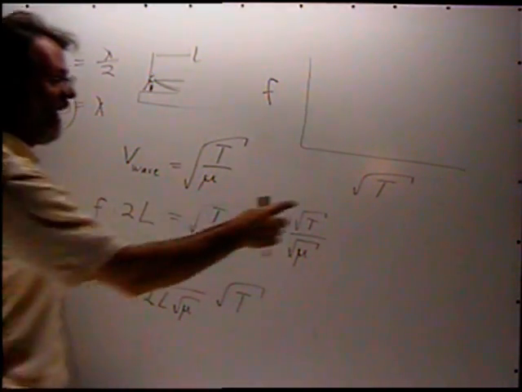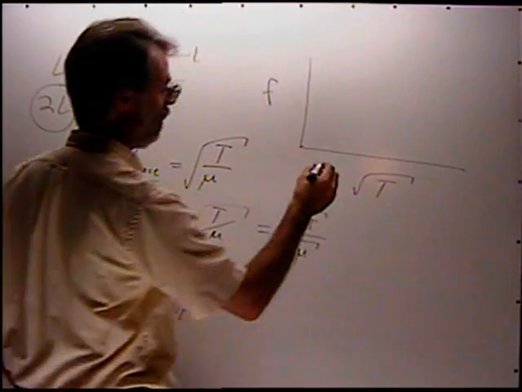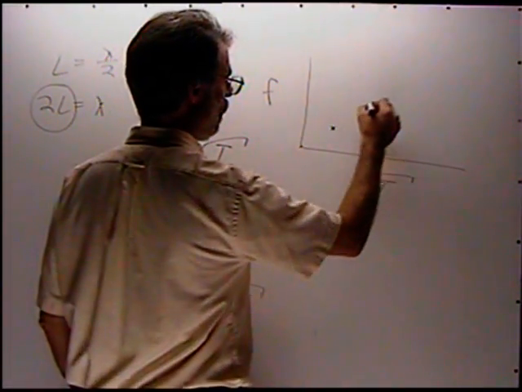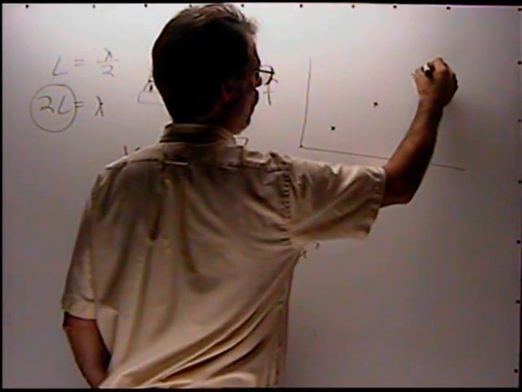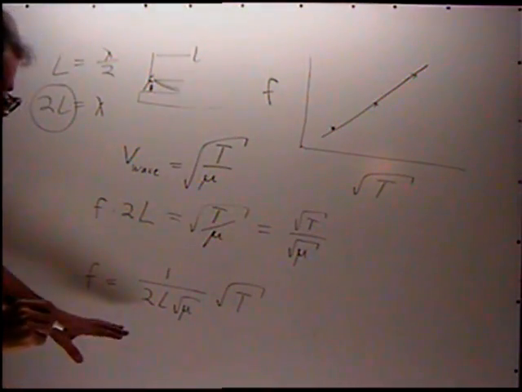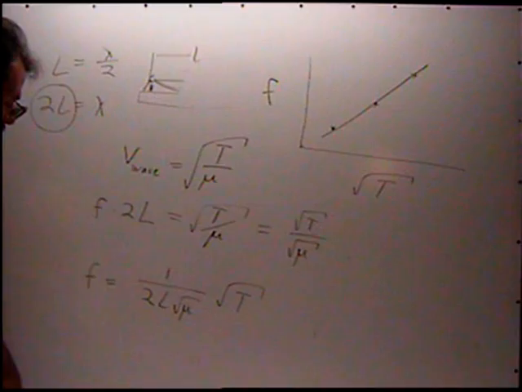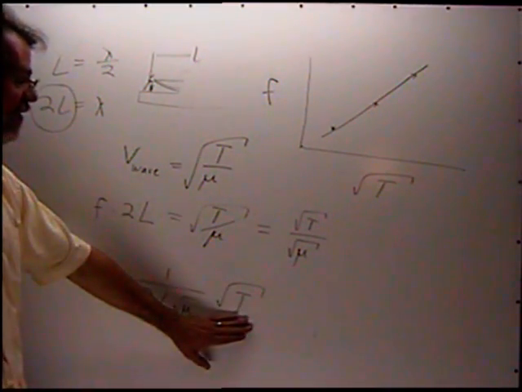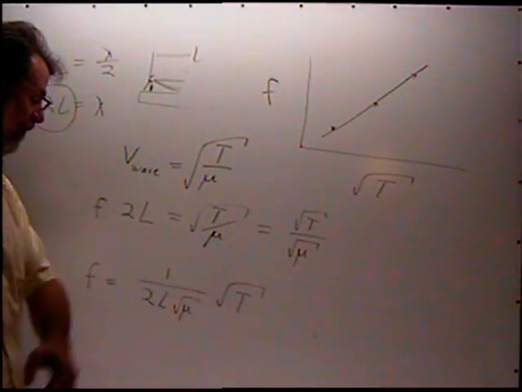So we're going to add different weights, get a couple of points, and fit a straight line through them, because the frequency is linearly related to the square root of the tension.